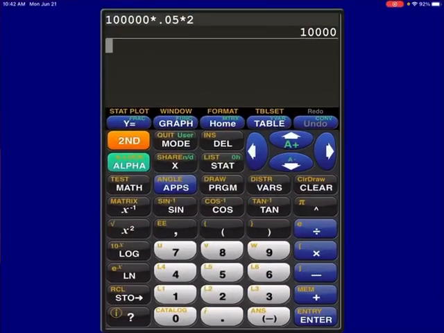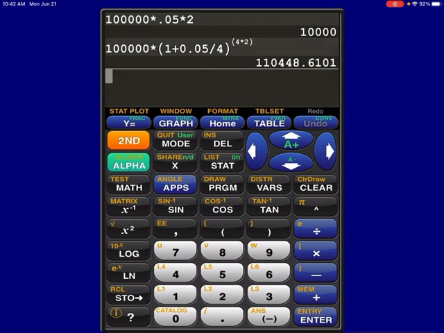So let me grab my calculator again. So 100,000 times parentheses 1 plus 0.05 divided by 4, raised to the power 4 times 2. Okay.